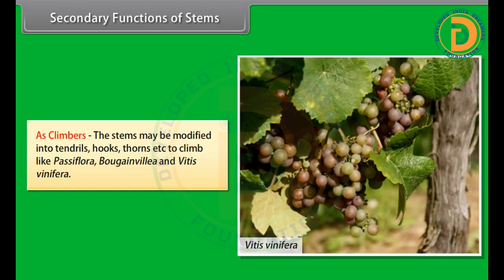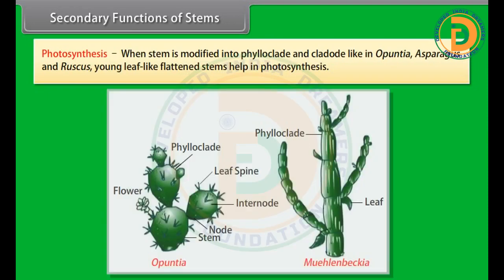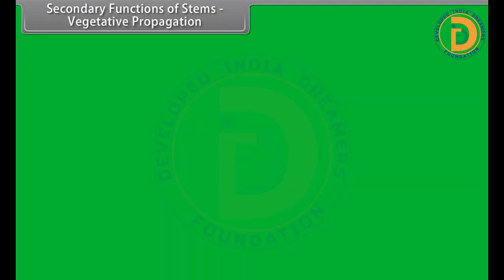The stems may be modified into tendrils, hooks, thorns, etc. to climb like Passiflora, Bougainvillea, and Vitis vinifera. Photosynthesis. When stem is modified into phylloclade and cladode like in Opuntia, Asparagus, and Ruscus, young leaf-like flattened stems help in photosynthesis.